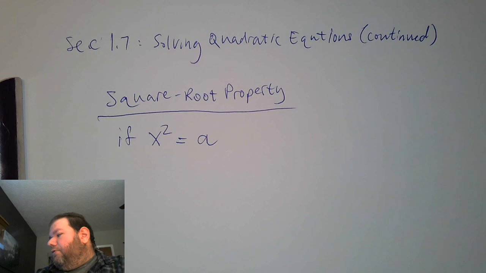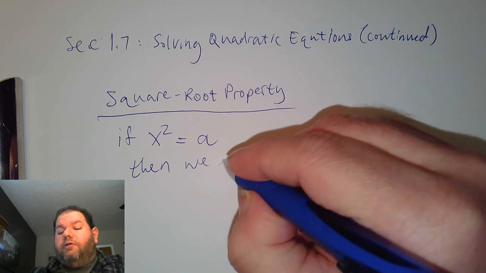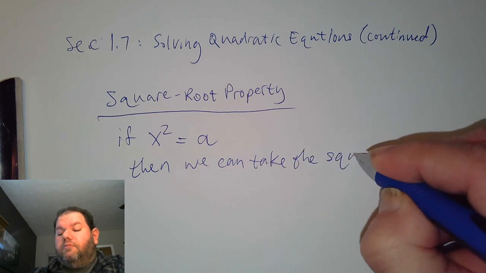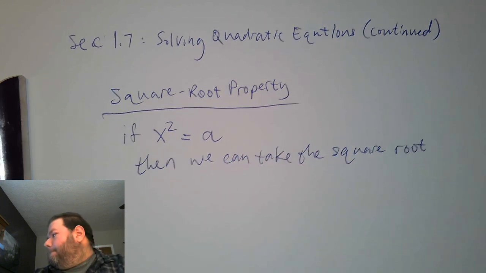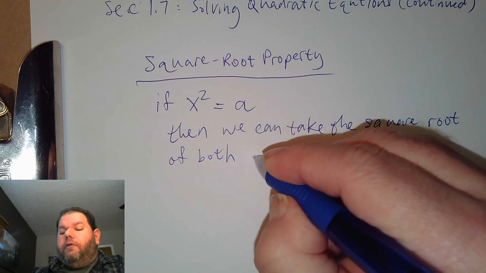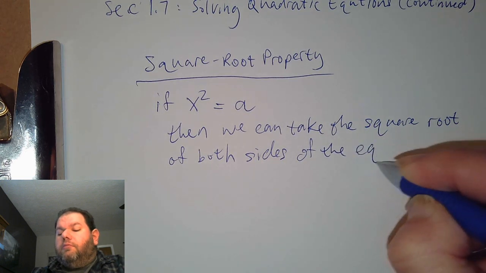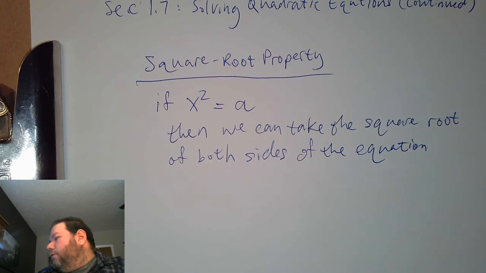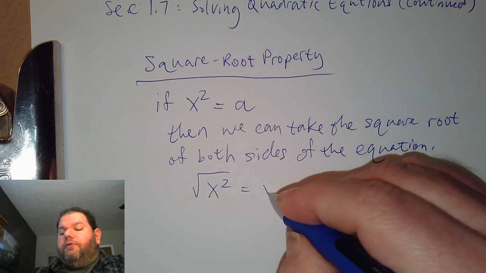Then we can take the square root of both sides of the equation, so we would do square root of x squared equals square root of a.